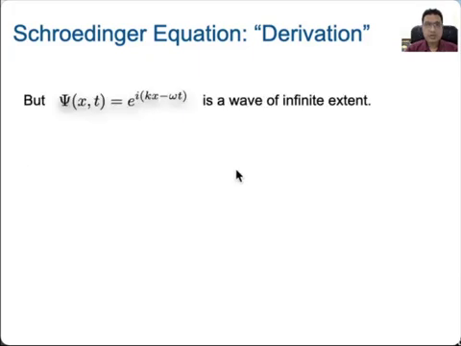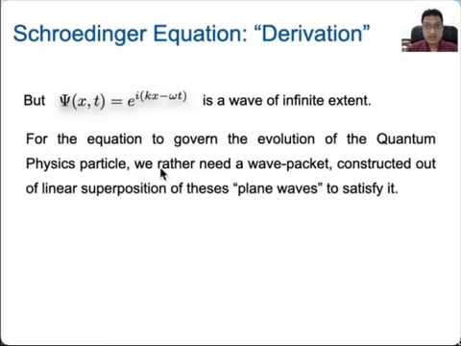Now this wave function is a wave of infinite extent, but our wave packet is not of infinite extent. So for the equation to govern the evolution of a quantum particle, or let's say the wave packet, which is constructed by using the linear superposition of a number of these plane waves, we need to have a wave packet.